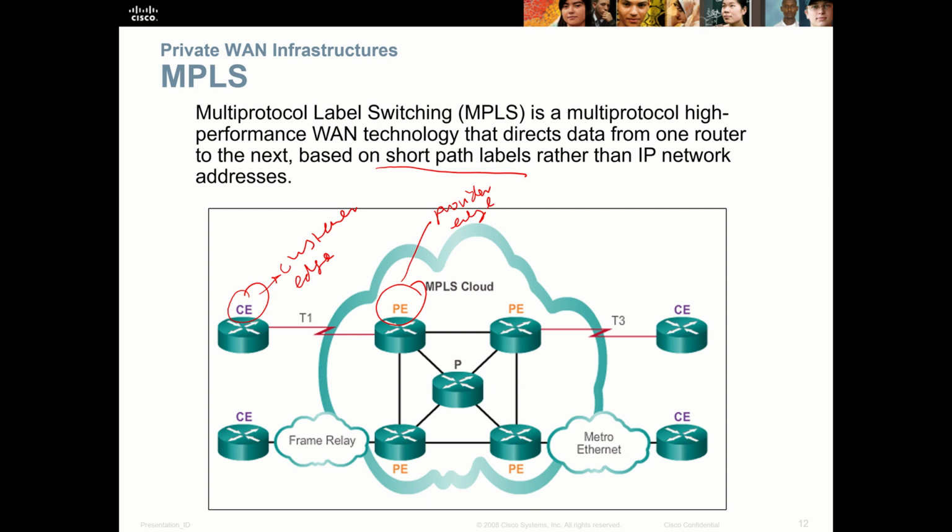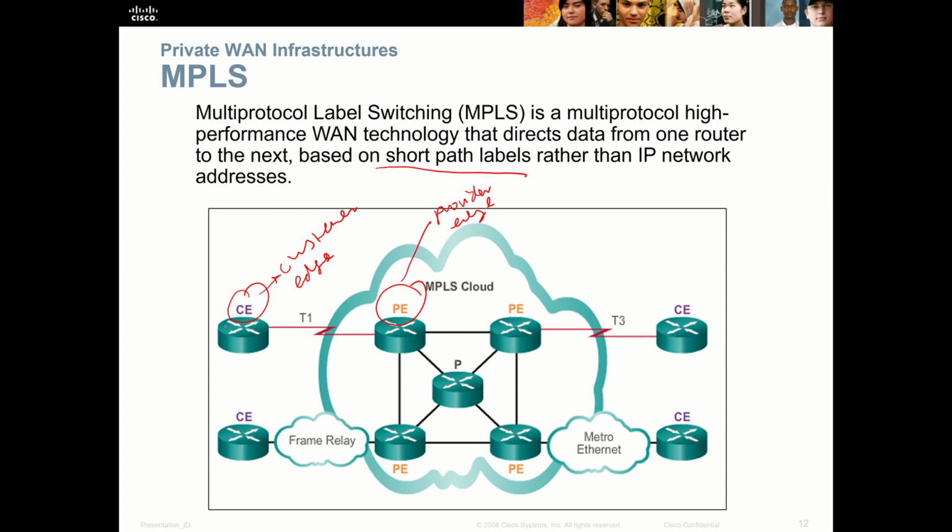So when the CE forwards the packet to the PE, the PE will intercept the packet and be the one that decides the future route of the packet. The first router to make contact gives each packet a label.